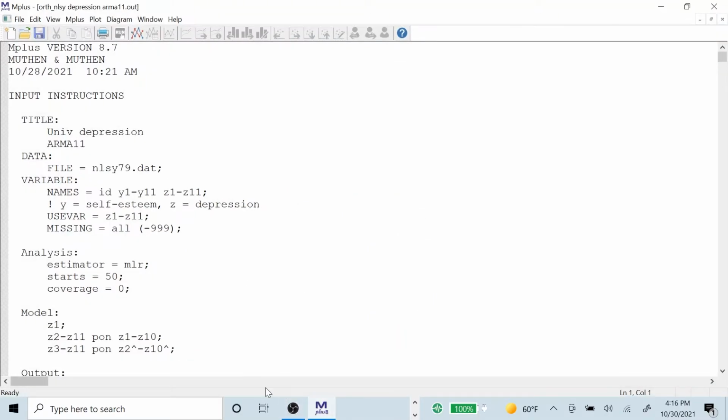So here we have output for the ARMA 11 run, and so that is first order autoregression, and then the moving average model where we start at the third time point, because otherwise Z2 on Z1 hat would be the same as Z2 on Z1, because they are not dependent variables. Again, we add Z1 to get the likelihood in the same metric.